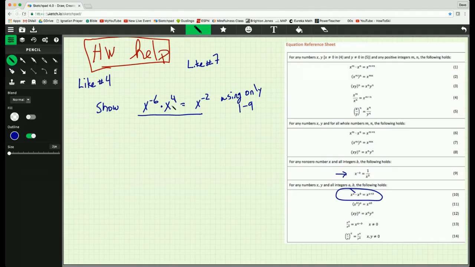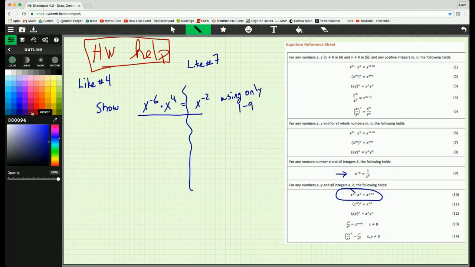So let's try and make everything positive. We're going to start with the left side and see what we can do with it. So let's break this in 2. On the left side, we'll go 1 over x to the 6th times x to the 4th over 1.